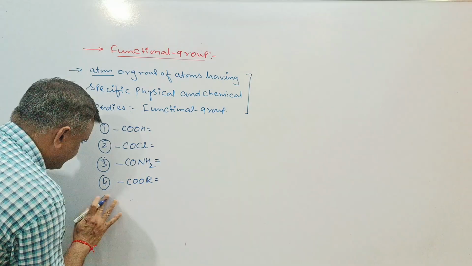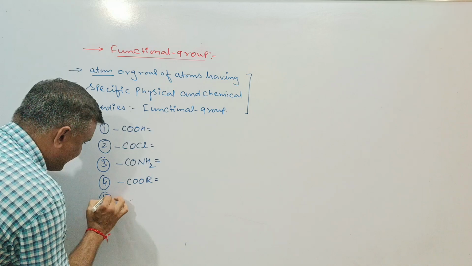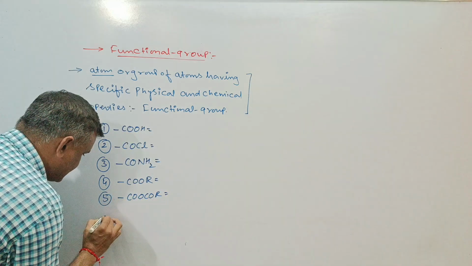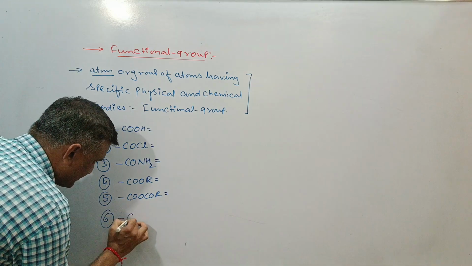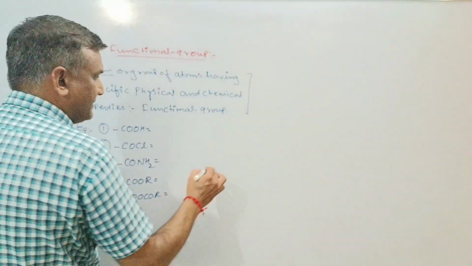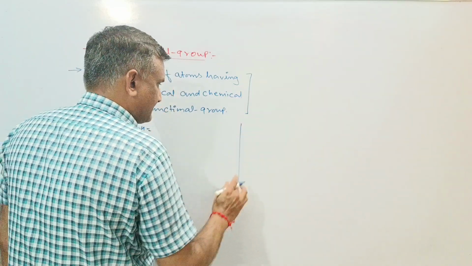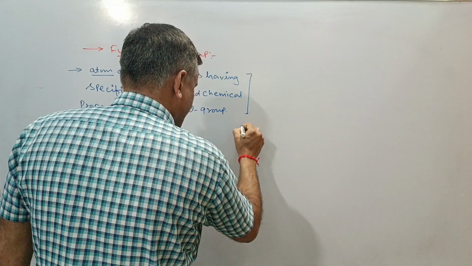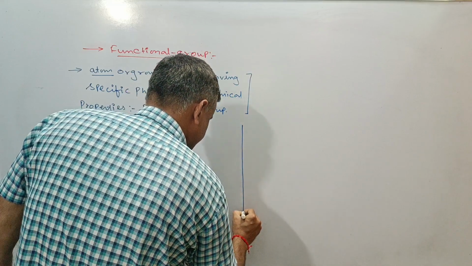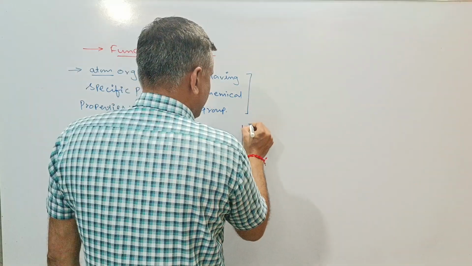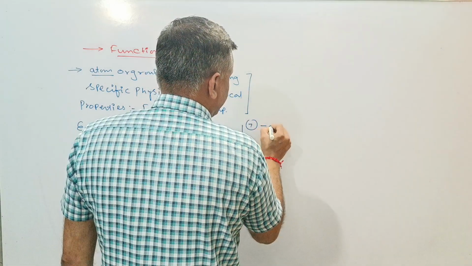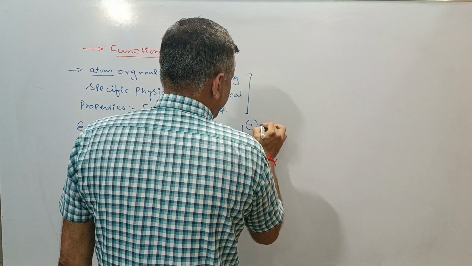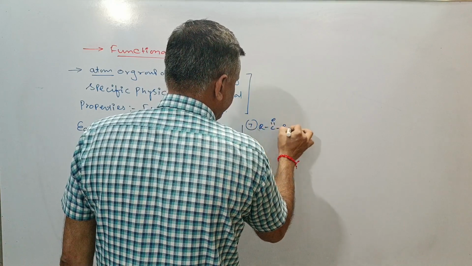Fifth is anhydride, COOCOR. The sixth functional group is CHO, the aldehyde. The seventh functional group is RCOR. It's not CO, it will be RCOR.